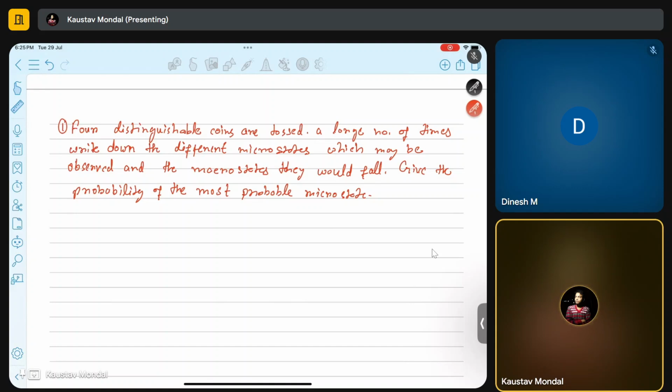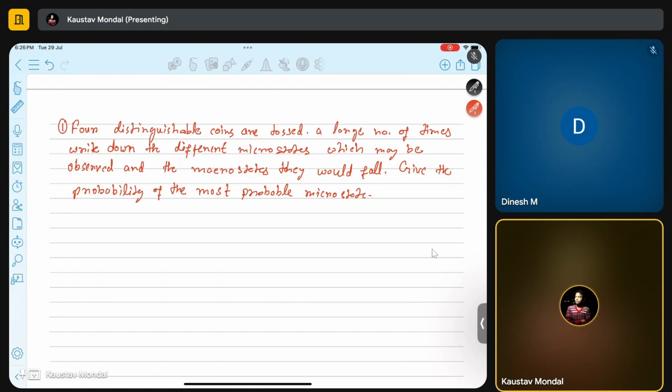But in this case, these are 4 distinguishable coins. When you toss a coin, it can be either head or tail. The possibility of getting head would be half, and the possibility of getting tail would be half, right?